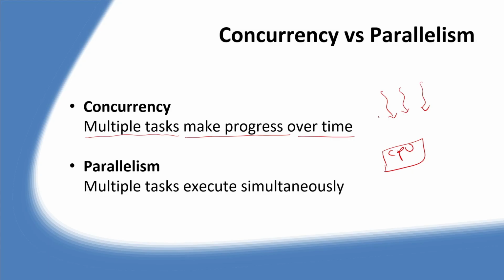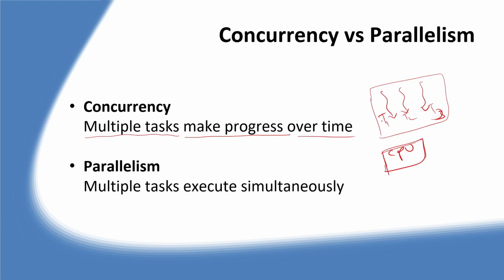Let's say T1, T2 and T3. T1 needs some CPU utilization, T2 needs some CPU utilization, and likewise T3. But the CPU distributes its utilization in such a way that it looks like all these threads are working at a time, running together.